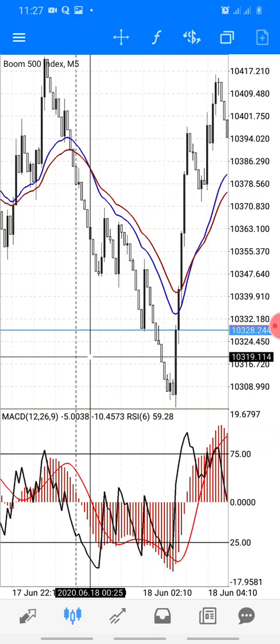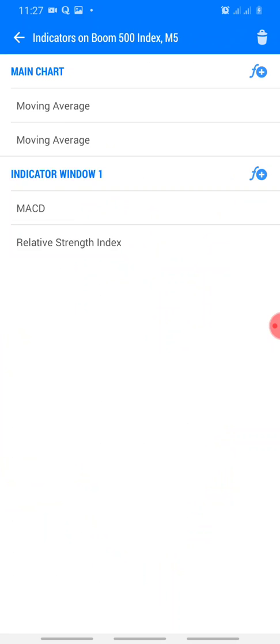We can use either of the two to enter the market, but the only exception is that whenever the RSI is crossing the MACD above the 75 line, we don't enter the trade. What am I trying to say? This is an example of it right here.